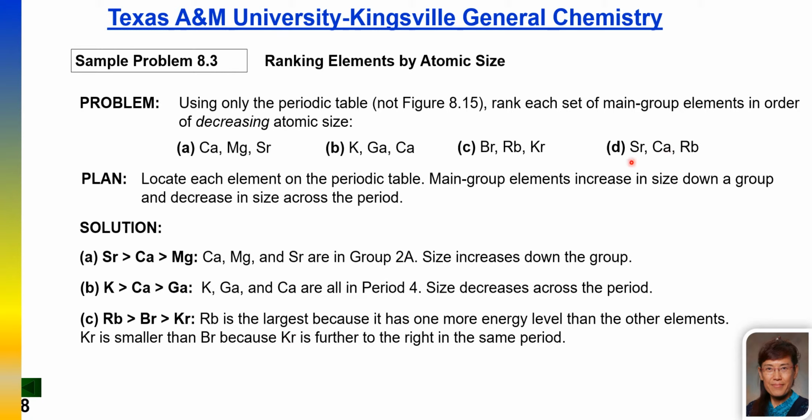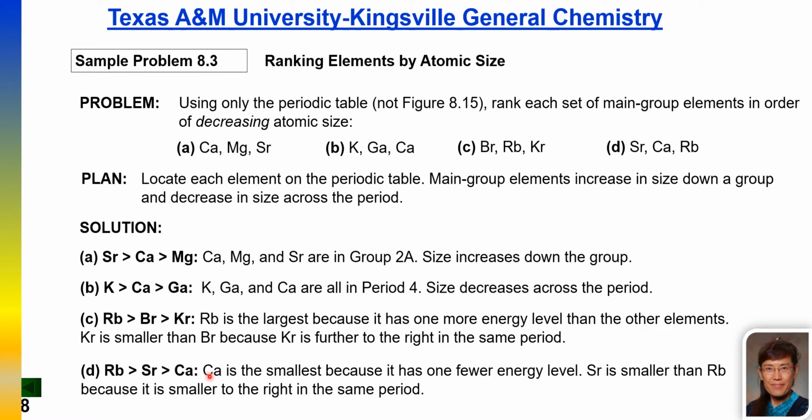The very last one: strontium, calcium, and rubidium. Calcium and strontium are in the same group. Your rubidium is not in the same group, and not in the same period. In this case, you are going to find the common points.